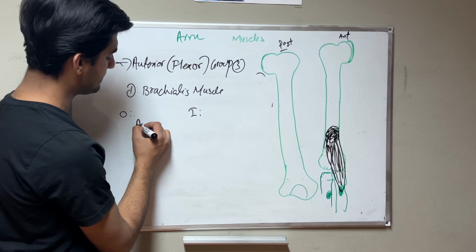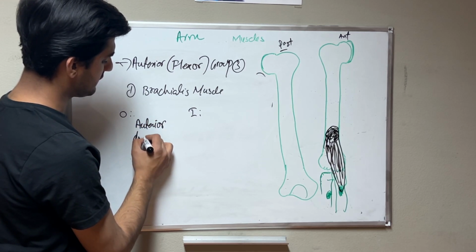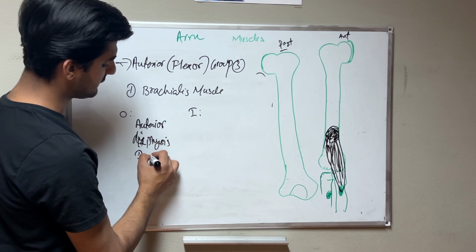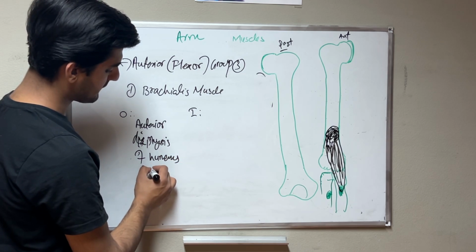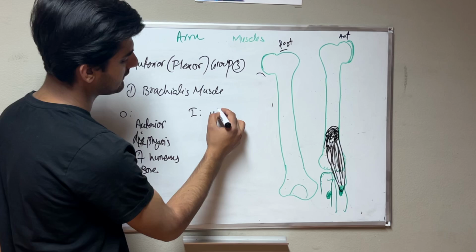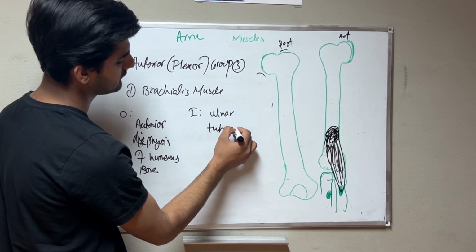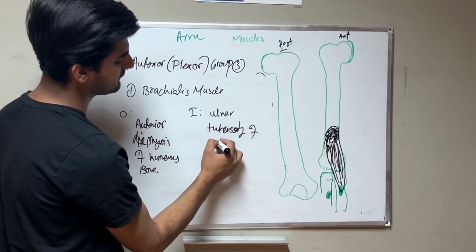It means the anterior diaphysis of the humerus bone, and inserted where? The ulnar tuberosity of the ulna bone.